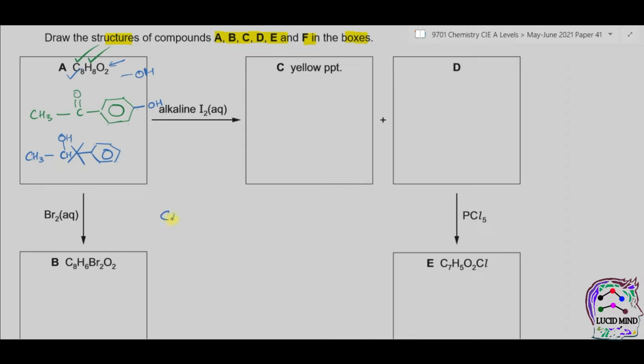So we have this structure now, CH3, C double bond O, benzene, OH, or we can add OH to any other carbon atom. For example, CH3, C double bond O, and this one. Let's find the environments of carbon.